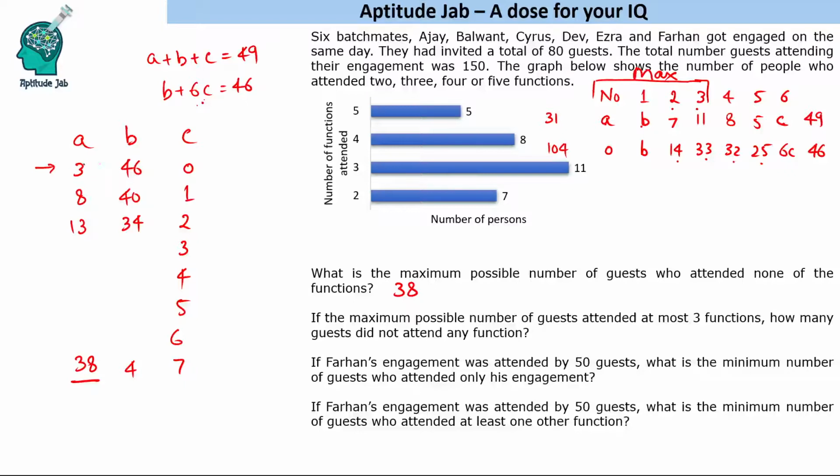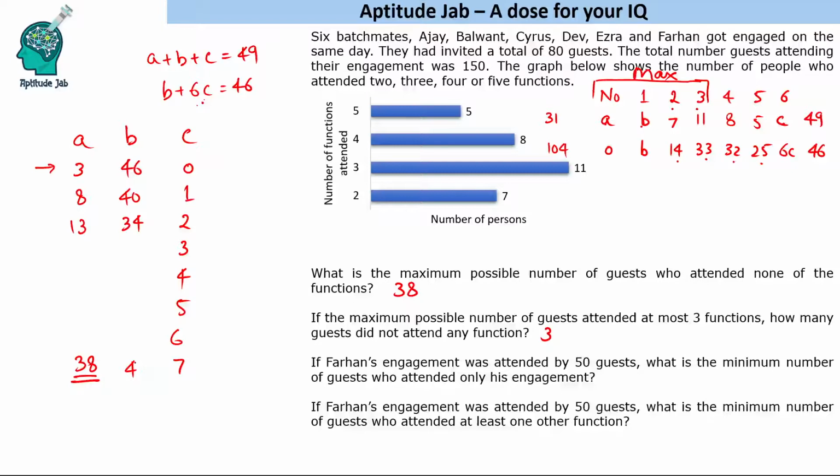In that case, there are three guests who do not attend any of the functions. So that is another extreme case: most of the people attend the functions in this case, and in the other case the least number of people attend the functions.